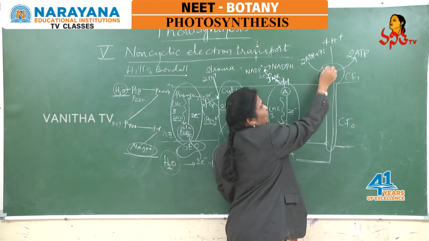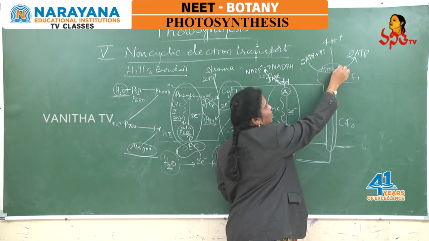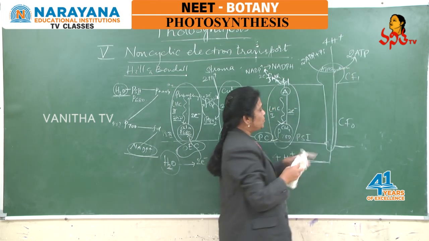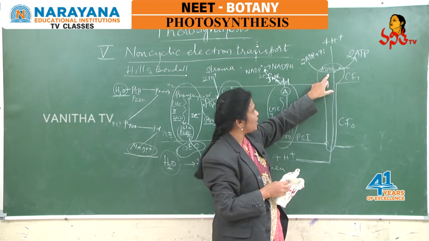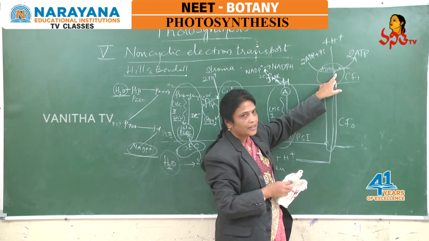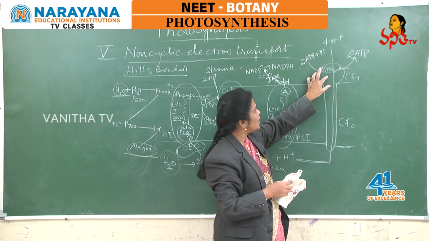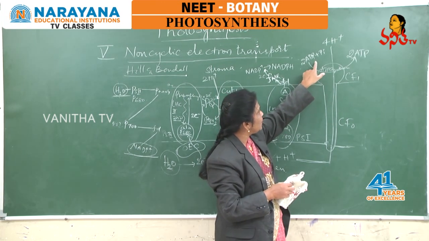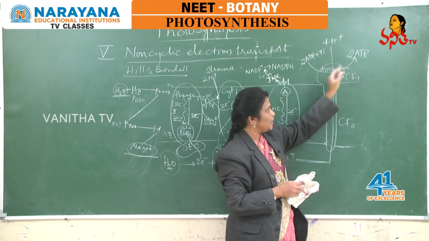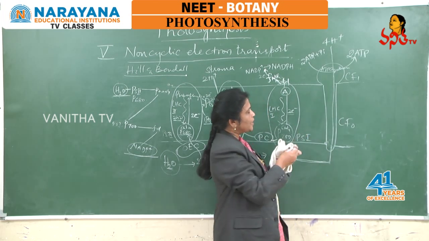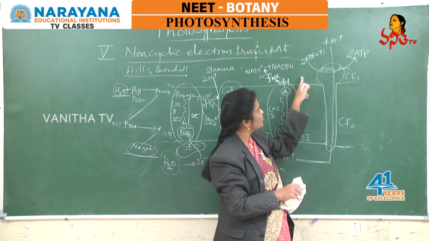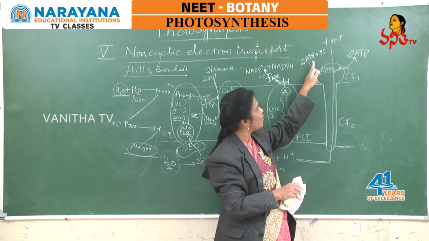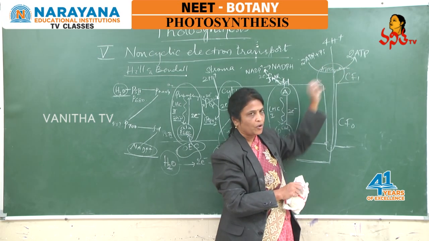Here an enzyme called ATP synthase is located, and due to the channeling of protons through the head region, a certain amount of energy gets liberated. That energy is utilized to couple ADP and Pi to form ATP, particularly the energy of two protons. The energy of two protons is utilized for the coupling of one ADP and Pi to form one ATP.